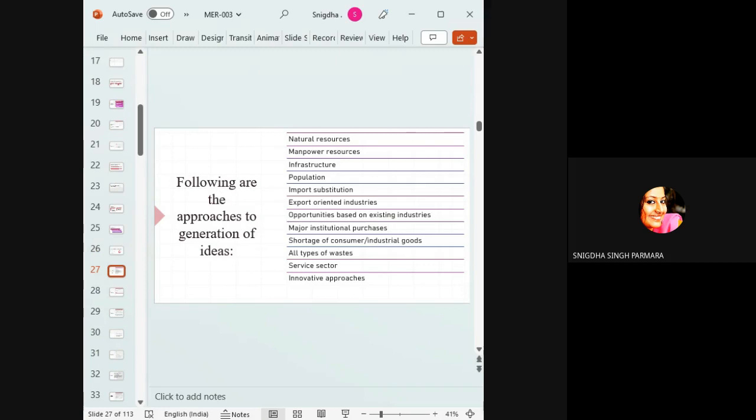So, utilizing your manpower, you could think of a product or service, or rather an idea, with which you could contribute to the population by coming up with a product or service. Infrastructure. Ample and cost effective supply of electric power might lead to project ideas where energy costs, which form a significant part of the total manufacturing cost, could be reduced.